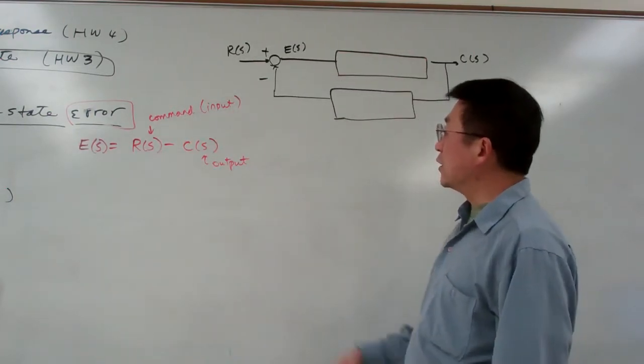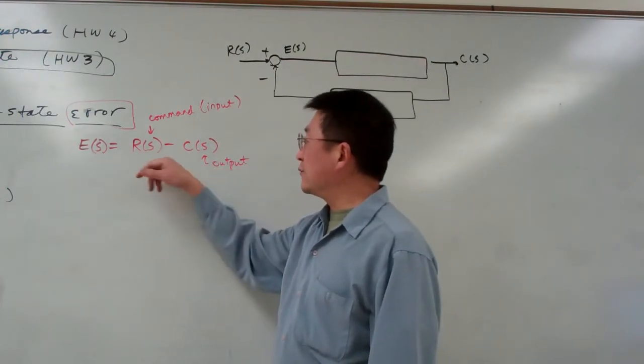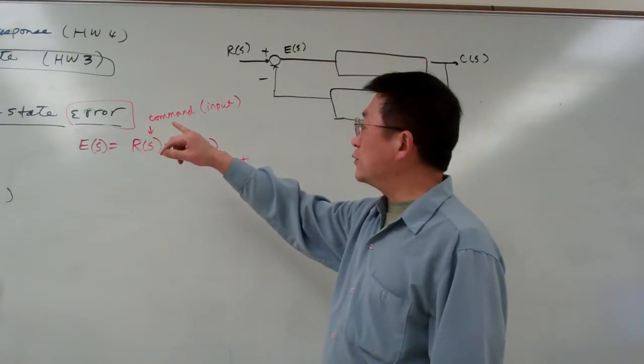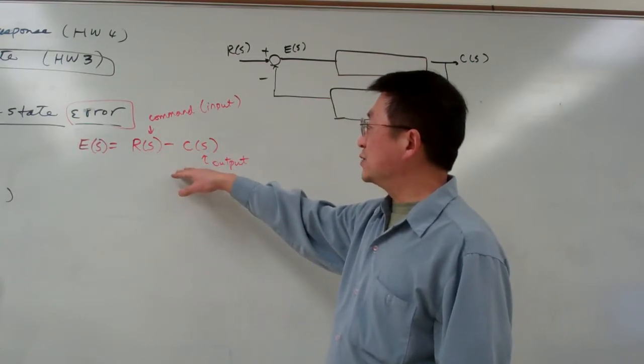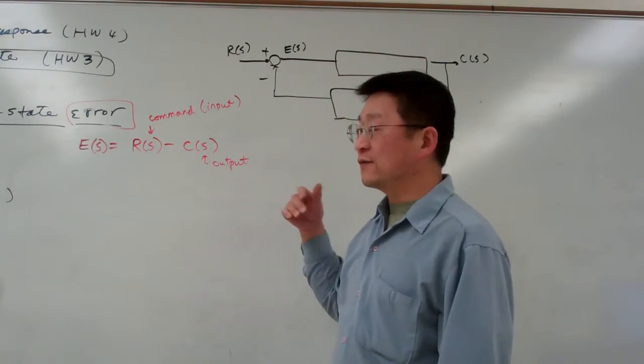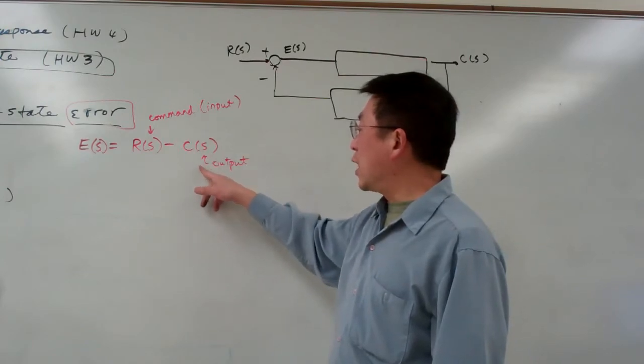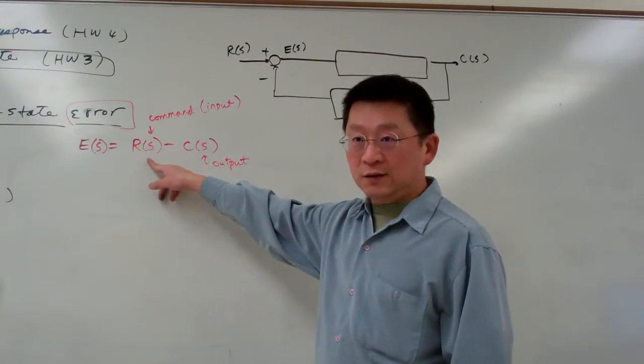This is what we define as the error, and we want to study steady state error because we want to know exactly, eventually, how far our output is from the input.